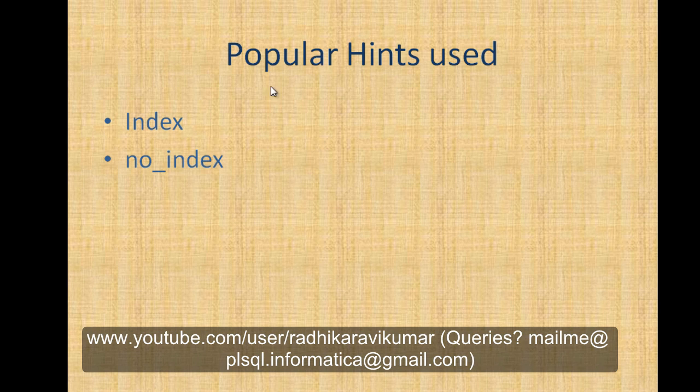Let me explain it properly. With this optimizer hint, if an index is present on a table or a column, then that index is forced to be used. So that's what the INDEX hint is used for.